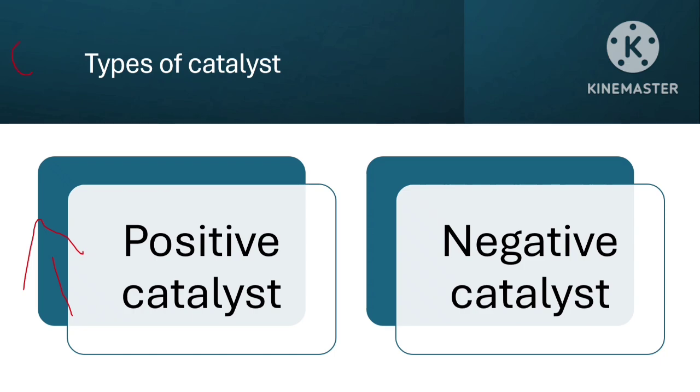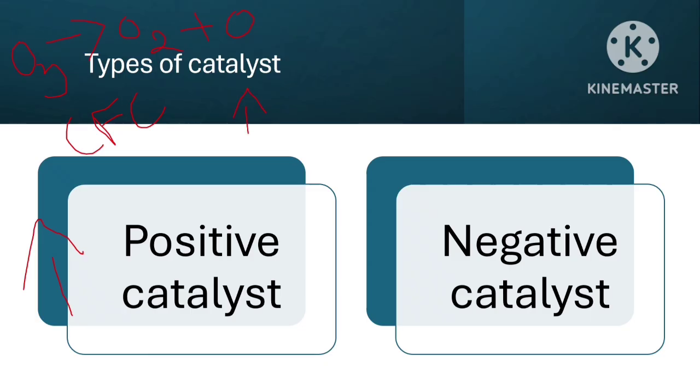For example, I have taken decomposition of ozone layer. Here, O3 decomposes to give O2 and oxygen atom. Right? In the presence of CFC, CFC means chlorofluorocarbon, the global warming will increase.